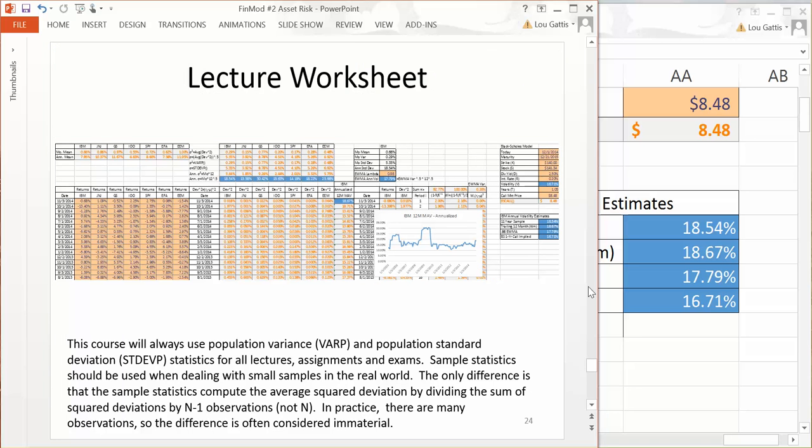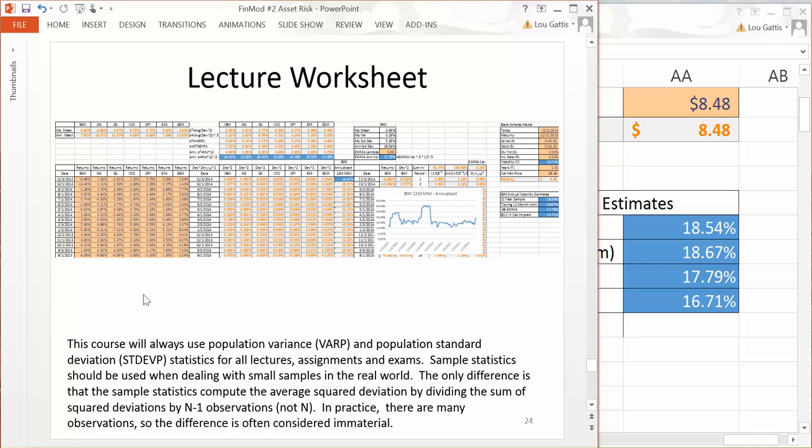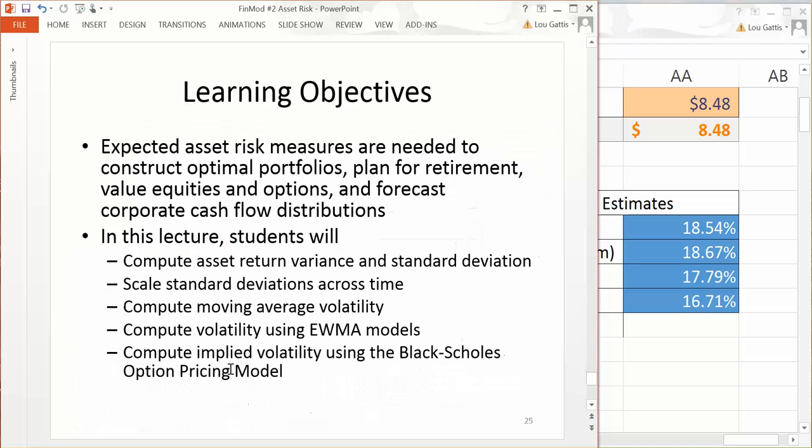So hopefully you've learned how to estimate volatility. We need one more volatility estimate. That'll be GARCH. That'll be later. Here's a little discussion of population versus sample standard deviation. And hopefully we now can estimate volatilities that we need for option pricing and planning for retirement and creating portfolios and valuing equities.